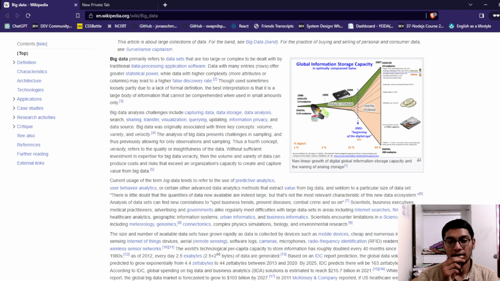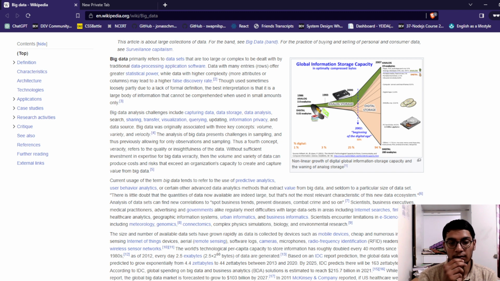Scientists encounter limitations in e-science work, including meteorology, genomics, connectomics, complex physical simulations, biology, and environmental research. The size and number of available data sets have grown rapidly as data is collected by devices such as mobile devices, cheap and numerous information-sensing Internet of Things devices, aerial remote sensing, software logs, cameras, microphones, radio frequency identification, radar, and wireless sensor networks.